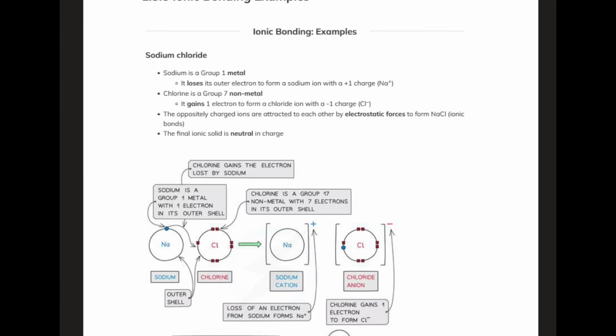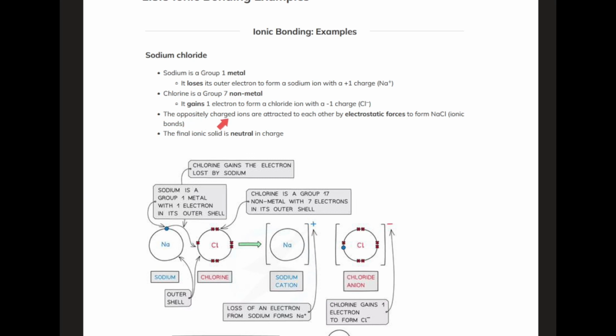Okay, so the first example, sodium chloride. Sodium, group 1, is a metal. So group 1, the cation is positive 1. Chlorine, group 17, so group 17 is better for A level. So group 17 gains 1 electron, and then the charge is -1, chloride.